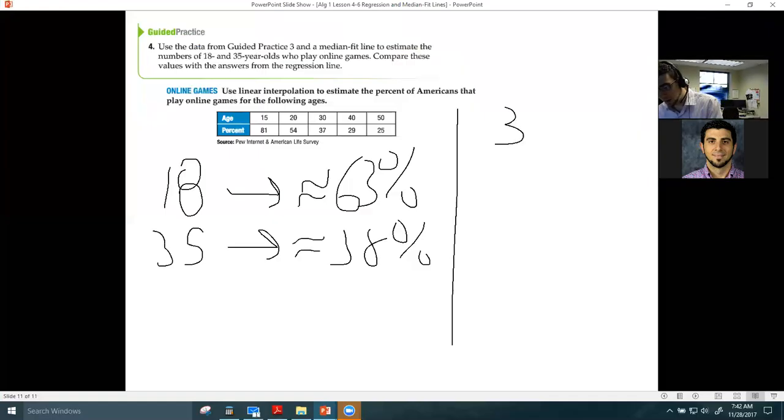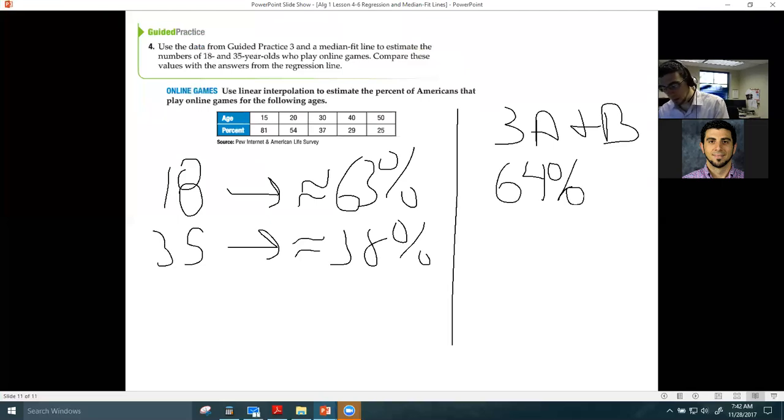In 3A and B, for the 18-year-old, we got 64%, and for the 35-year-old, we got 39%. So you can see they're just slightly lower. That doesn't mean that you're always going to get lower answers for a median fit line. It's just in this case, the answers were close, but a little lower.